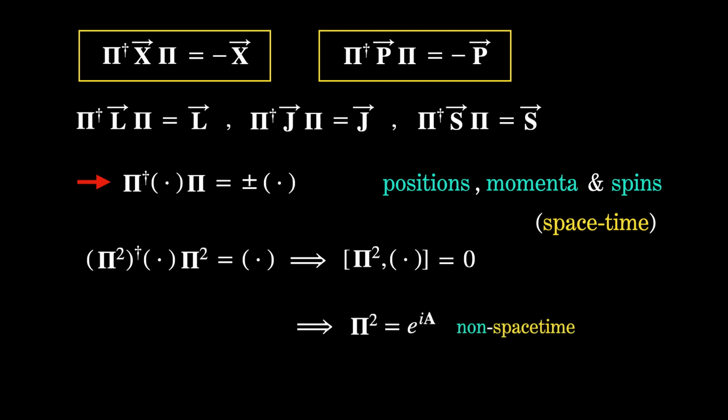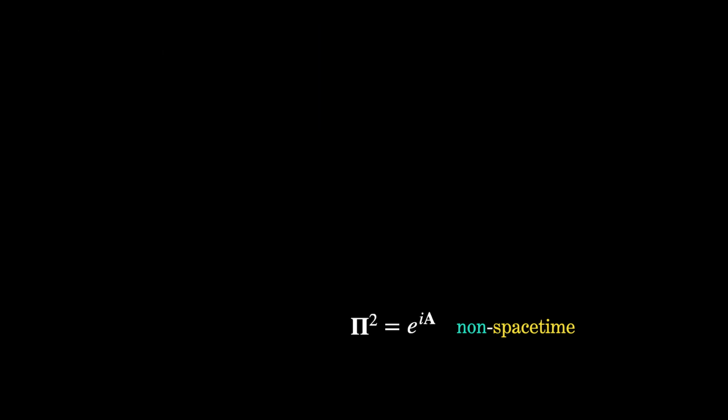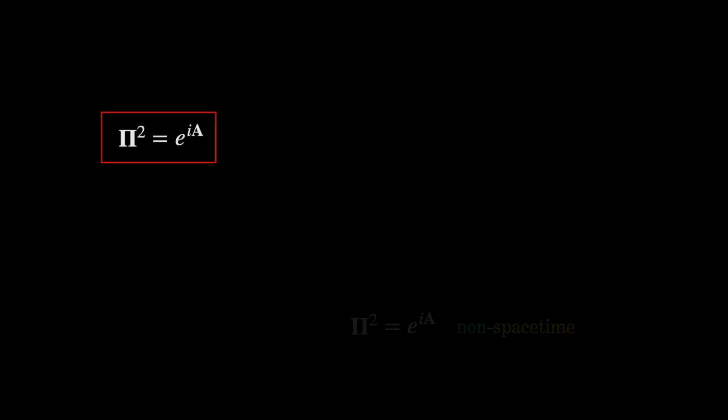Let's write this as e to the power of iA, where A is some non-spacetime observable, the generator of the symmetry. This relation suggests that we could write the operator pi as a product of two commuting parts.